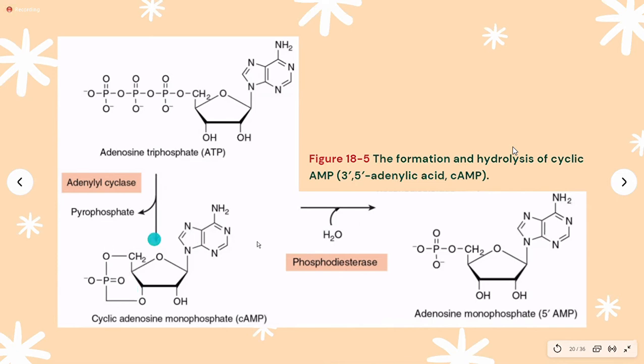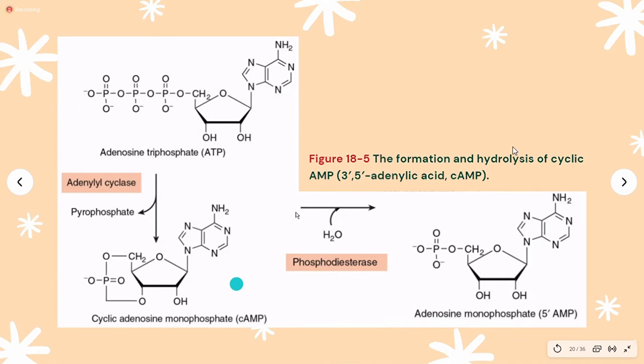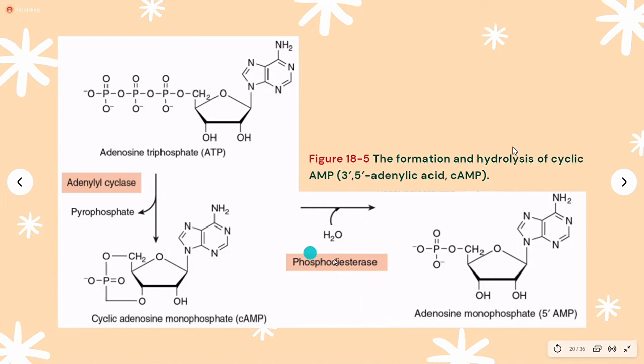Cyclic AMP is destroyed by phosphodiesterase.